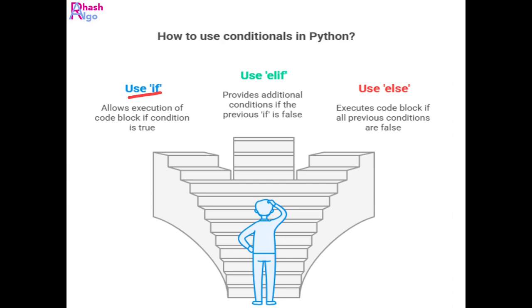There is basically no check here. If no condition is true in the previous checks, then ultimately it will move on to the else block. That is what the else is. So we will be having if, else if, which is a short form of elif, and then else. These three are the ways we will be using conditionals in Python.